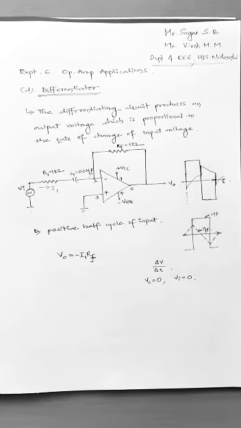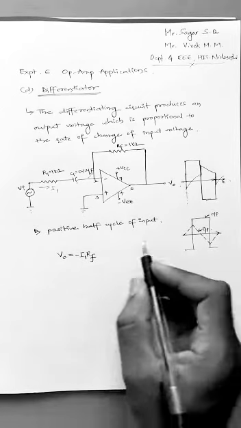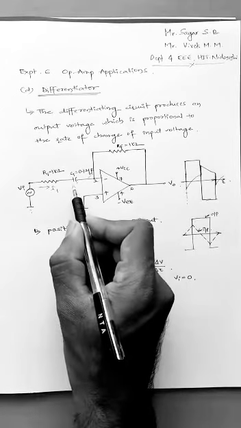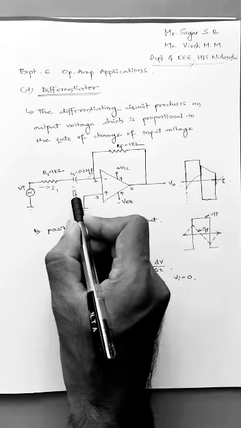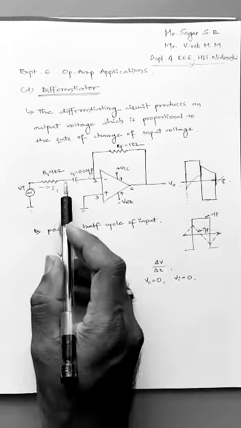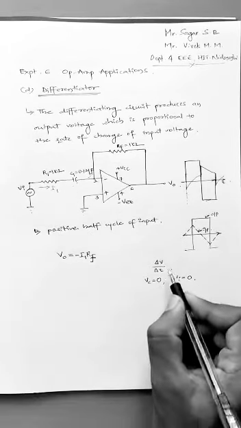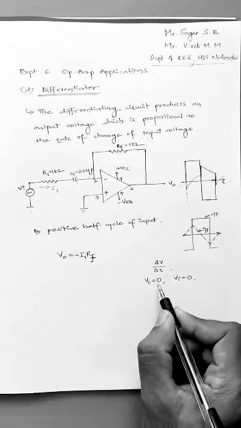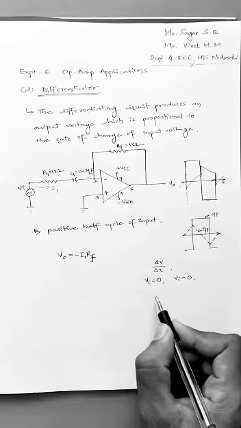then the capacitor charges to Vp. So the capacitor voltage changes by del V. Earlier it was 0, now it is Vp.